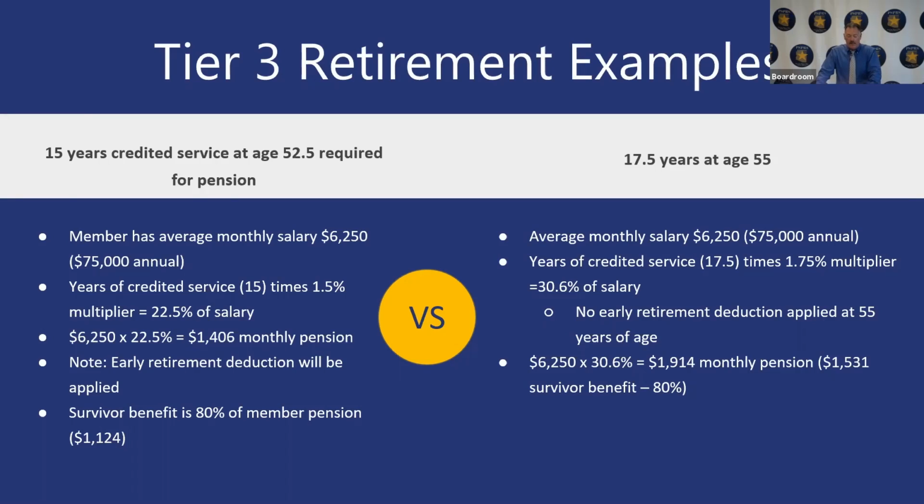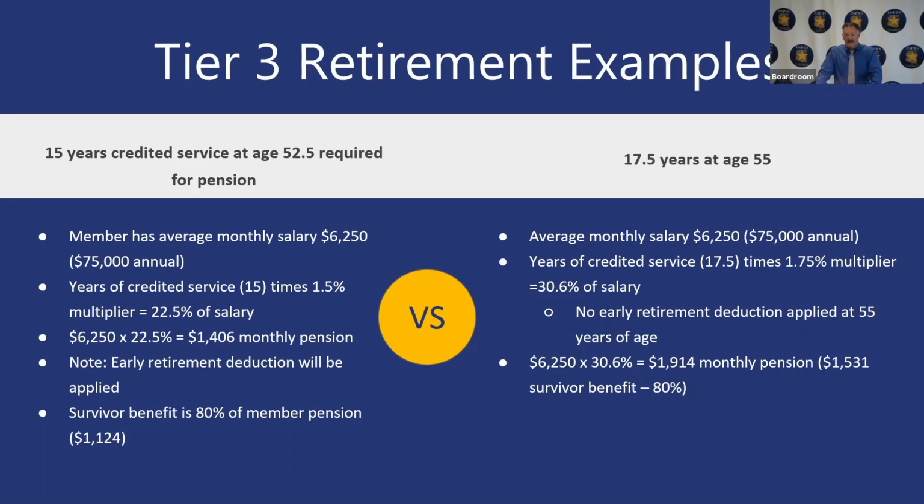So in this scenario, the member's got 15 years of service times that 1.5 graded multiplier, which is then going to equal 22.5% of their high five. So the high five is $6,250. 22.5% of that is going to equal a monthly pension of $1,406 for the rest of their life.